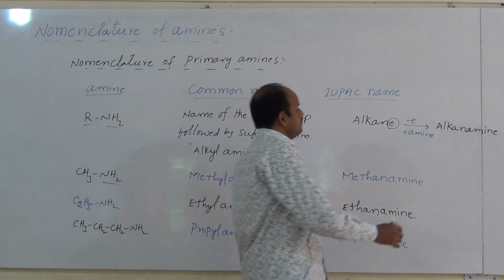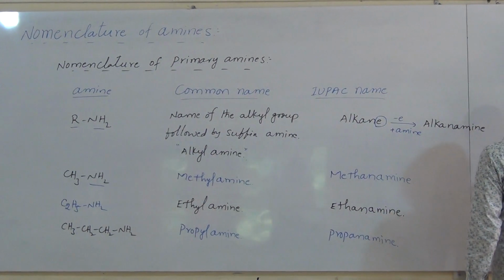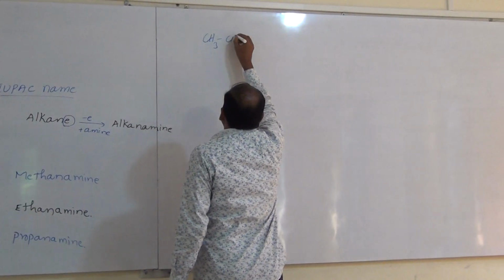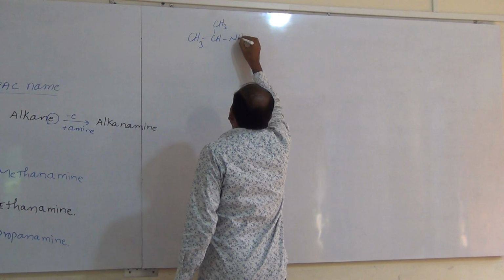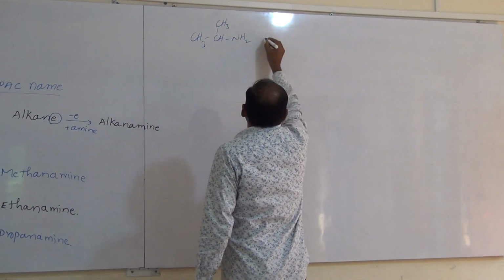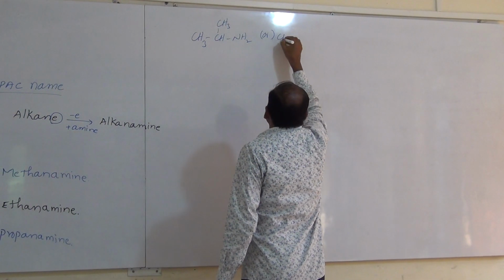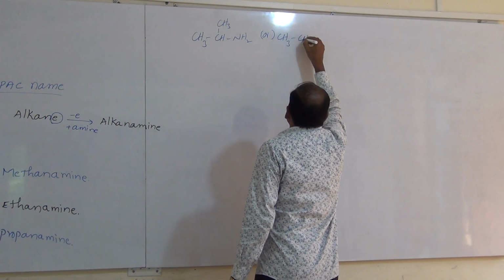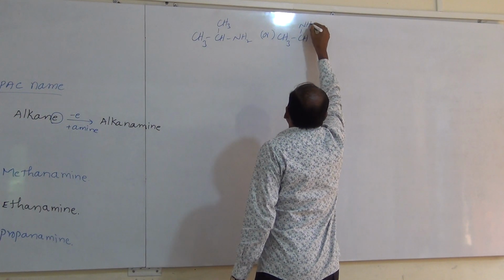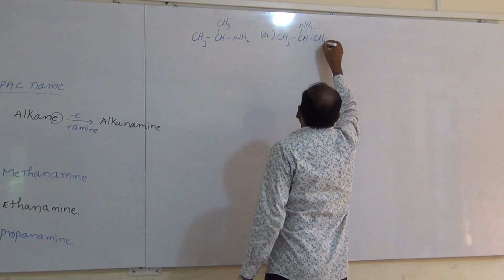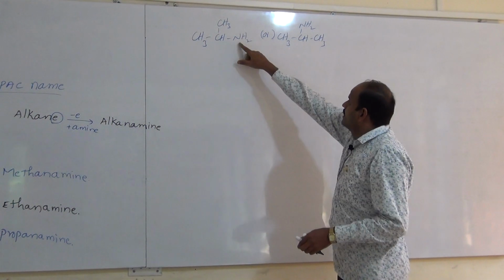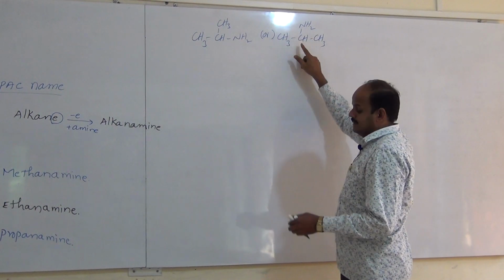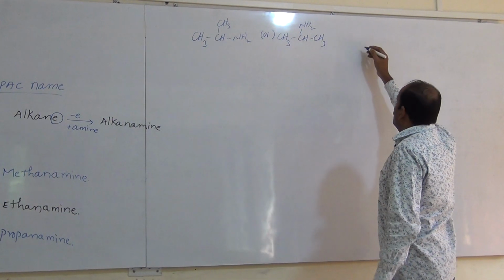Next one, CH3CH(NH2)CH3. This also can be written in another way; both are the same. On the second carbon atom NH2 is present. What is the common name?